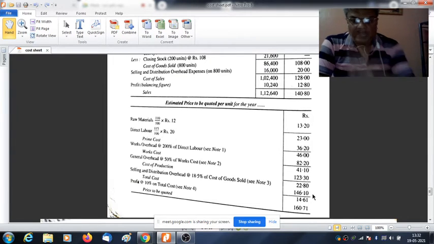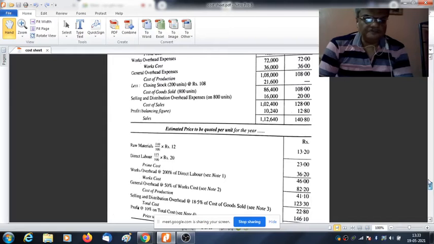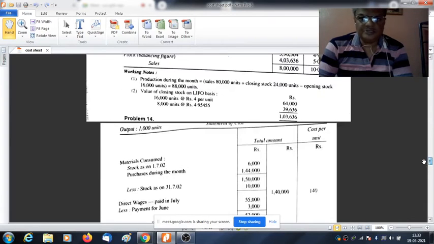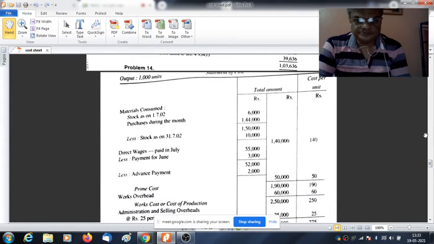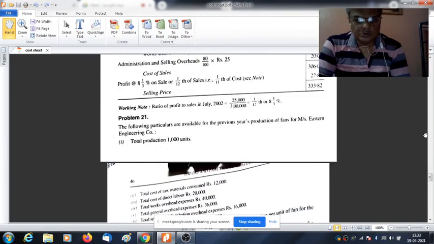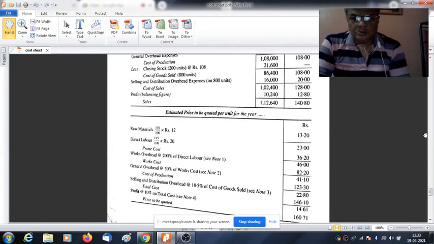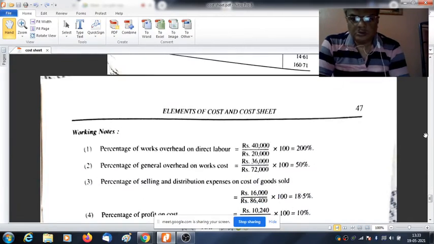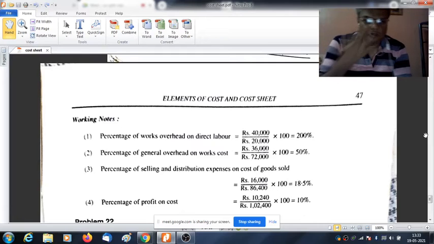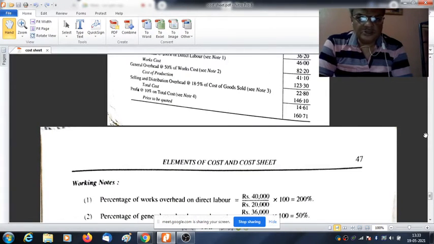Now apply the percentage of profit on total cost. We have established that relationship. The percentage of profit on cost we have computed is 10%, so apply that percentage and it will be 14.61.